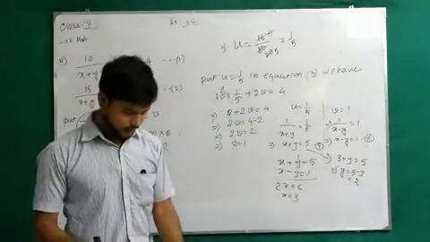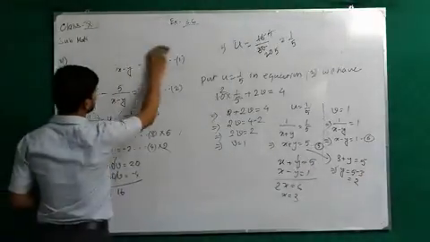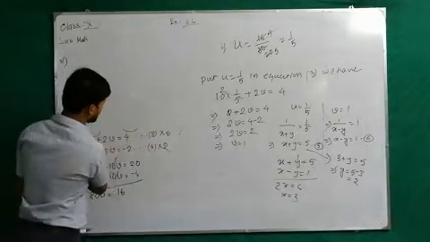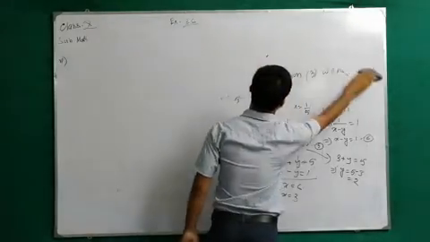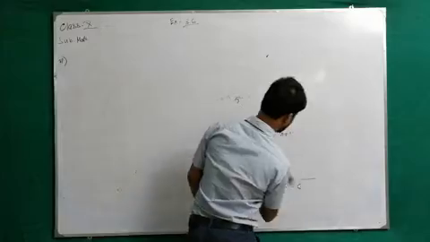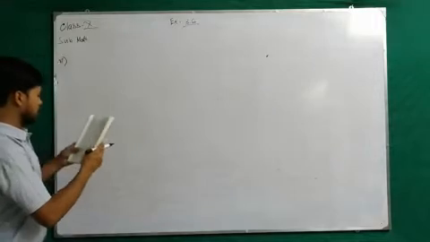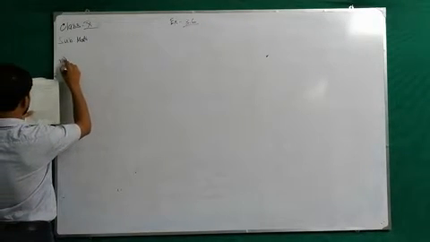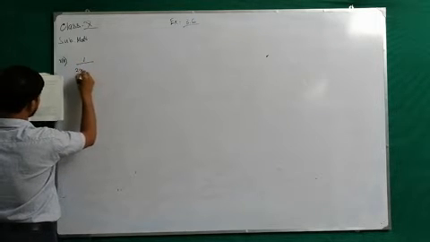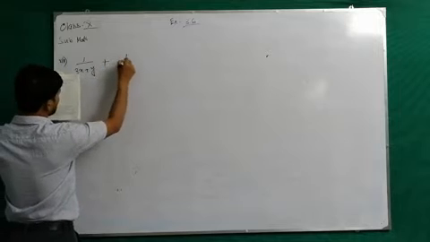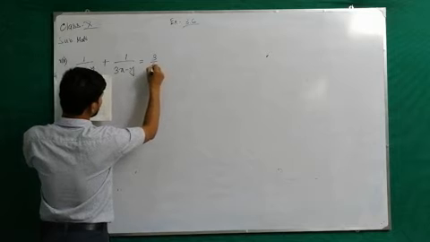Okay, so now question number 8, and that will be our last problem for today. Question number 8 is 1 by 3x plus y plus 1 by 3x minus y is equal to 3 by 4.